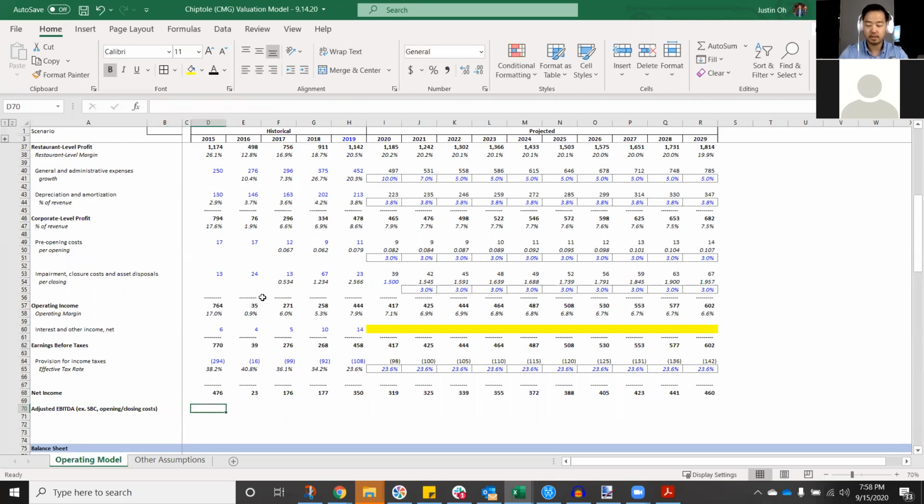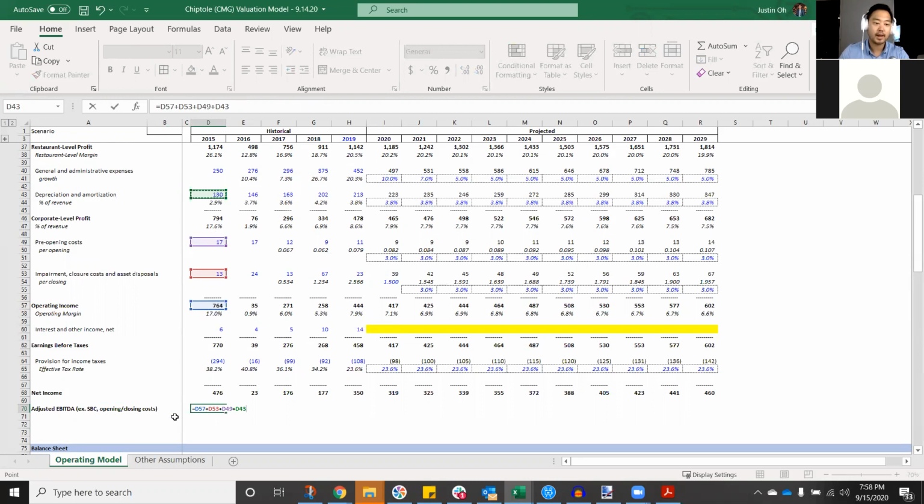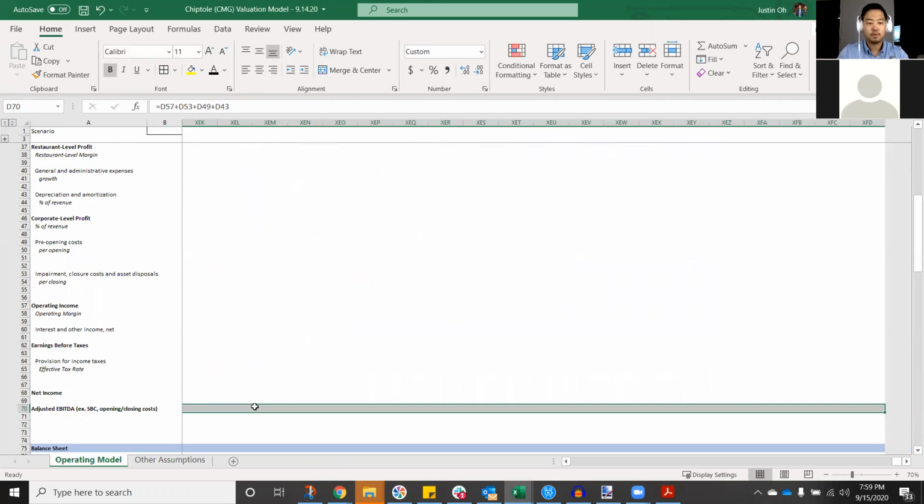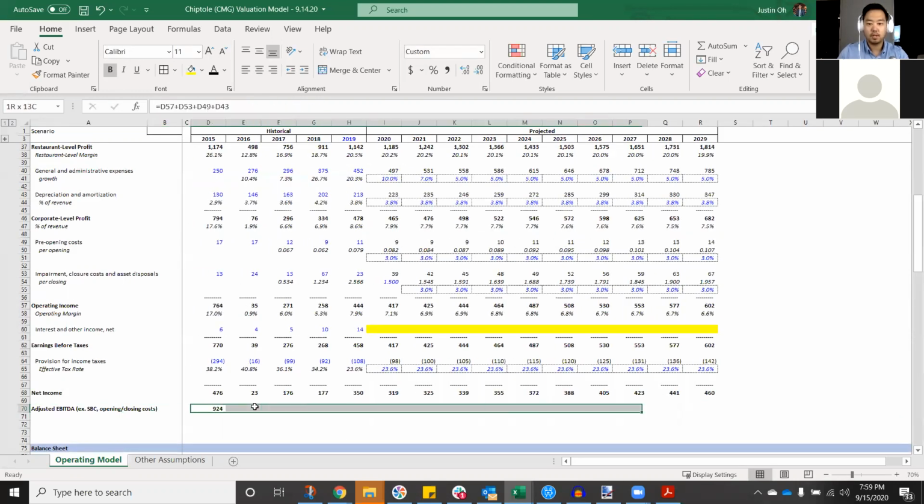So it's a proxy for cash flow. What we're going to do is operating income plus impairment costs plus pre-opening costs plus D&A. The reason I'm adding these back in this adjusted EBITDA number is because conceptually the opening and closing costs are kind of like one-time expenses. So for those of you that want to see EBITDA, there it is.